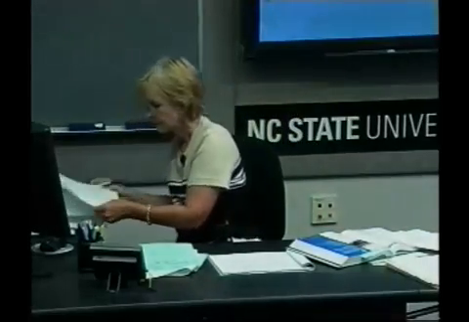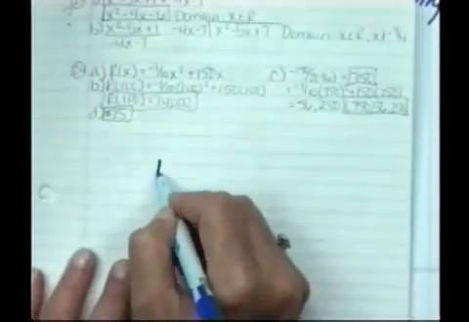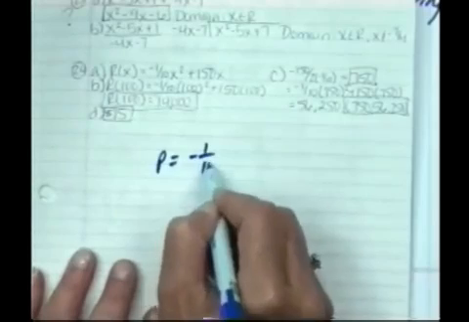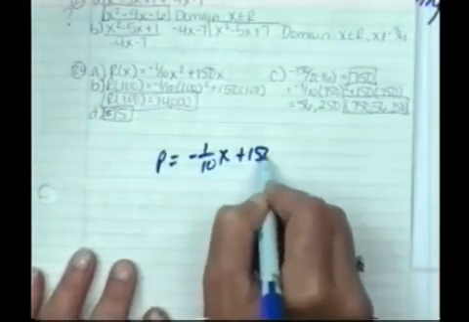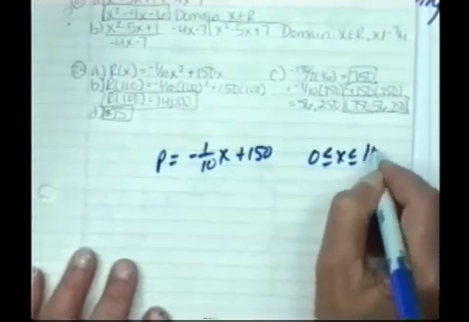All right, let's go to problem number 24, the demand equation. It says that the price P is minus 1/10 x plus 150 as long as x is between 0 and 1500.